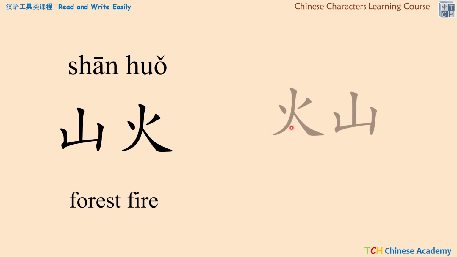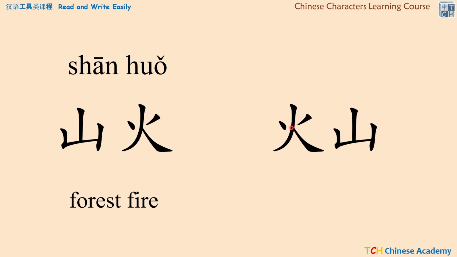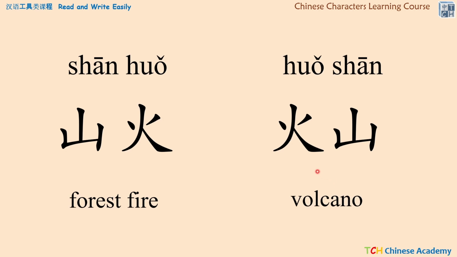And how about this one? Yeah, it's just reversed. So it's pronounced 火山, the fire mountain. And actually it refers to volcanoes. So when the lava comes out, when the volcano erupts, it looks like the mountain is on fire.